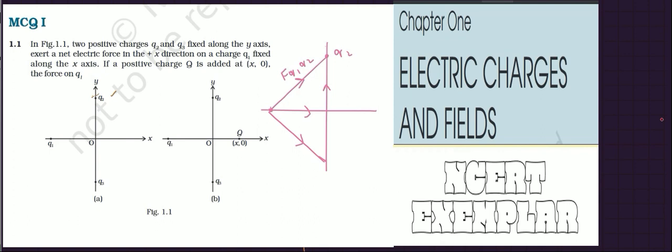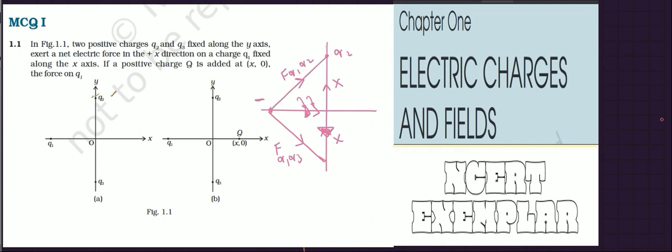And the force on Q1 due to Q3 is also attractive. If I draw the vectors, this is the vector and the x component. This is the x component, this is the y component. You can see the y components cancel each other. The x components are getting added, and this proves that the Q1 charge is a negative charge.